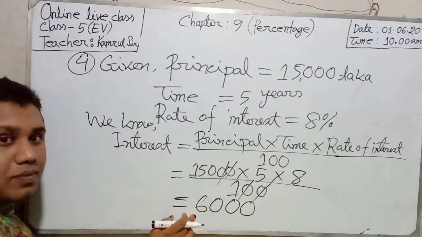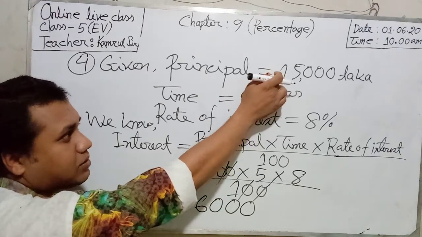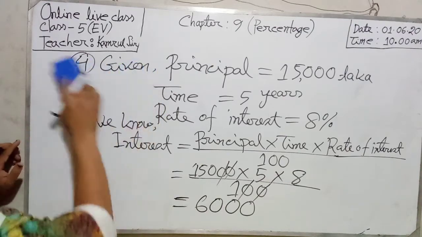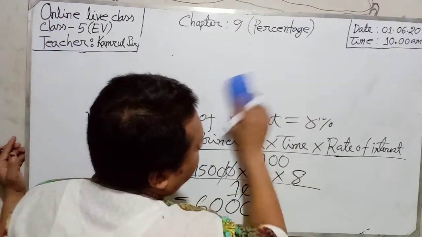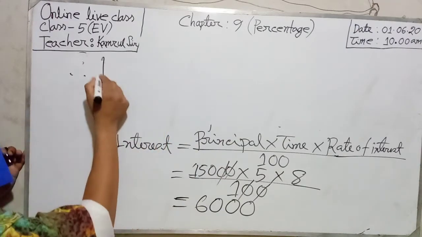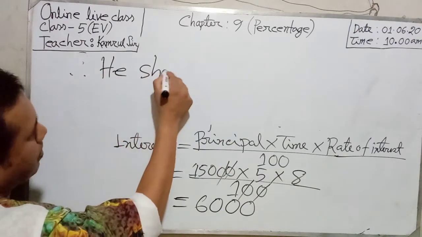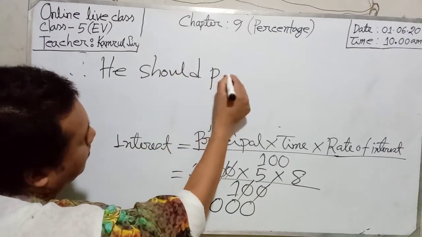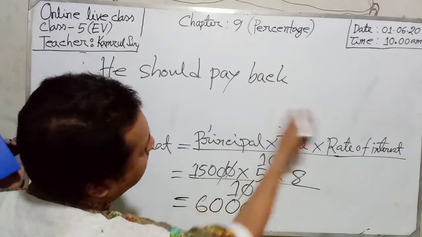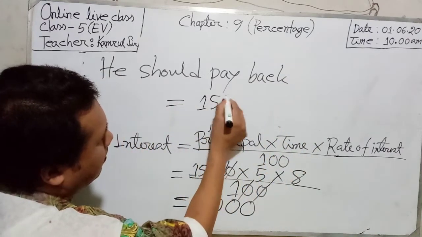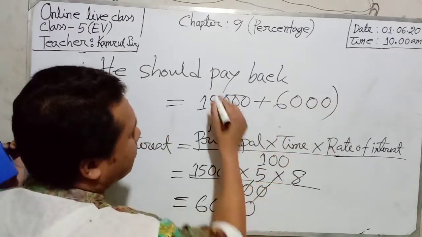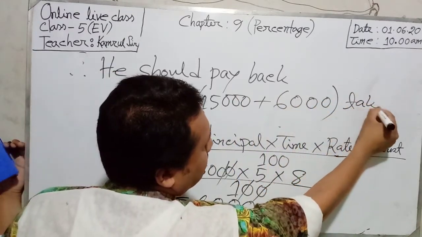So how much taka do you have to give? 15,000 and also 6,000 taka.